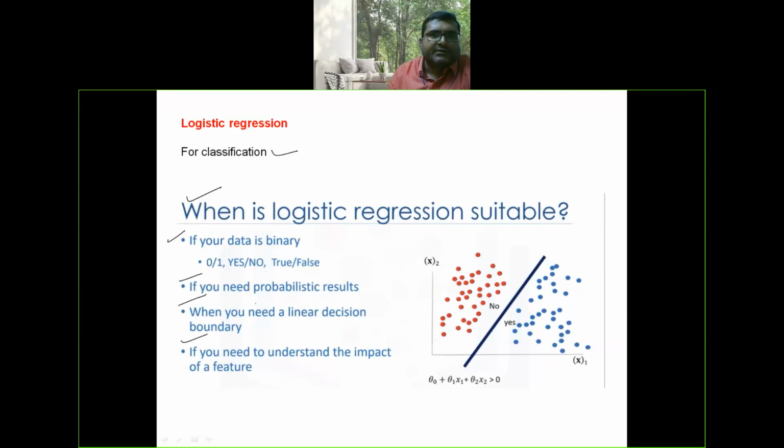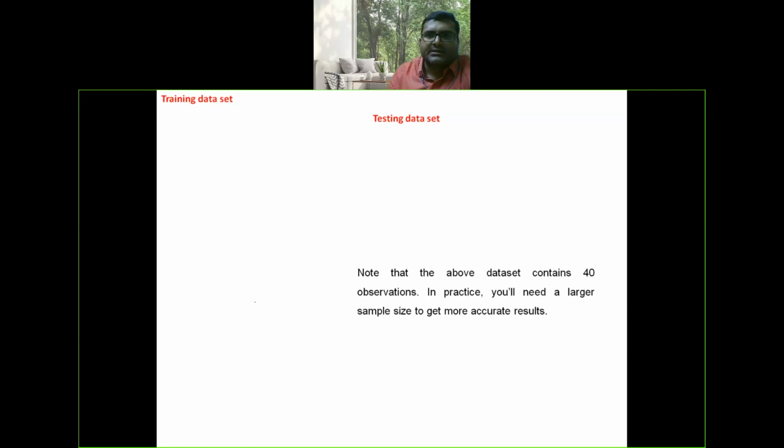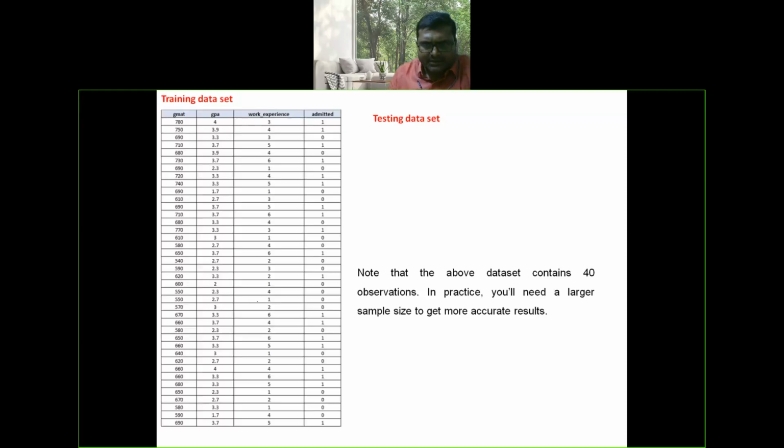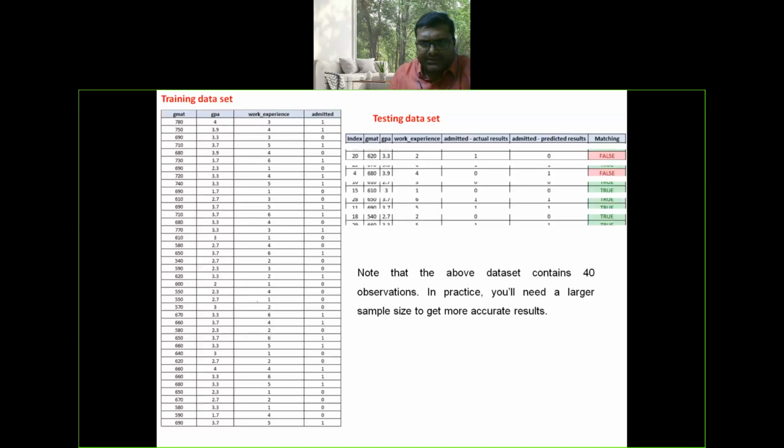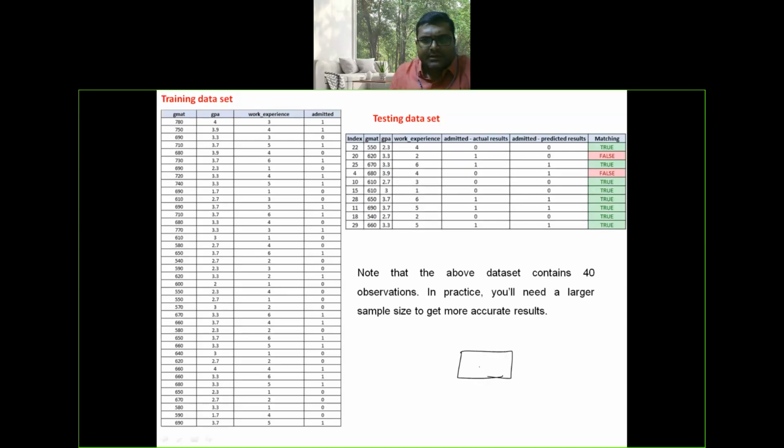Now here, what is a training dataset and a testing dataset? Consider a machine learning model. Now here we have some data. In that, 80% of the data can be used to train the model, and the remaining 20% of the data is used to test the model.